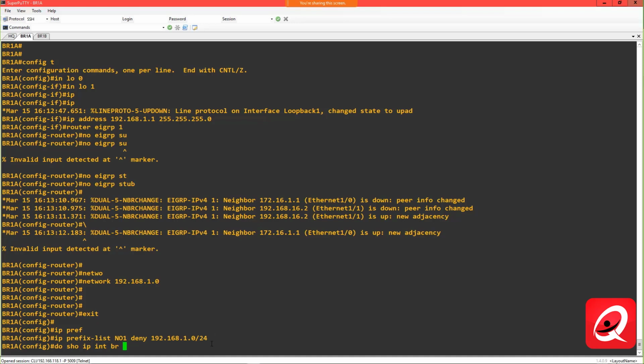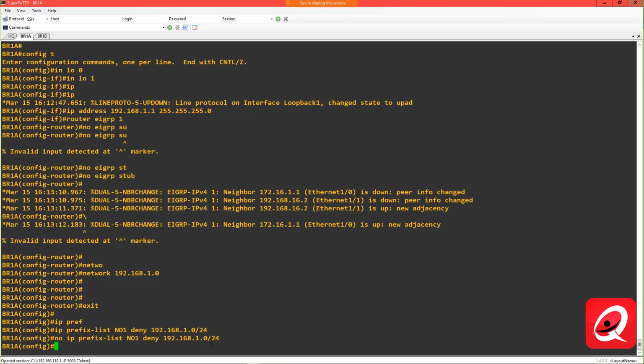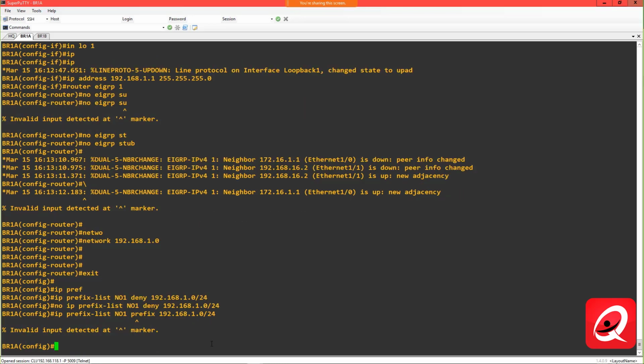So actually, I should do this. There's a couple ways we can do it. Let's do it this way. And let's permit this guy in the prefix list so we can match the route. And then in the route map, oops, permit, not prefix.